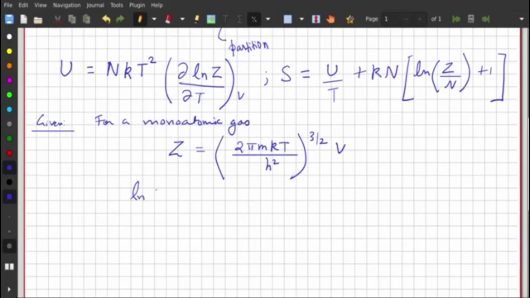Log z is 3/2 log (2 pi m kT by h square) plus log V.